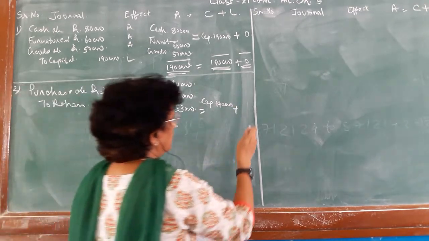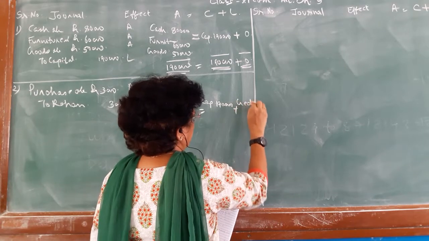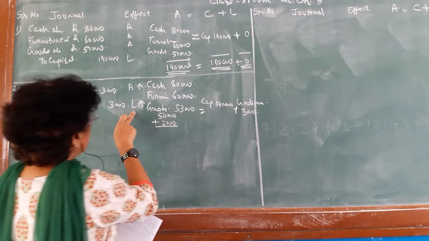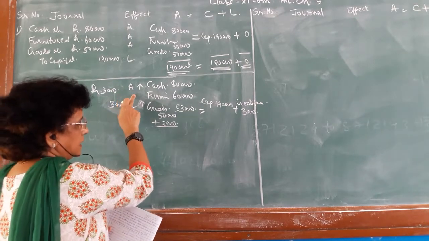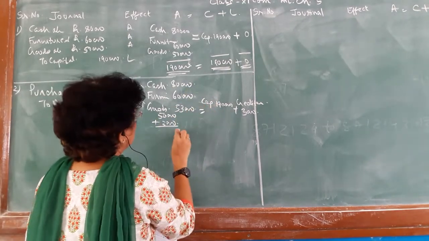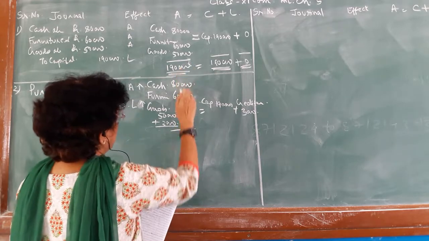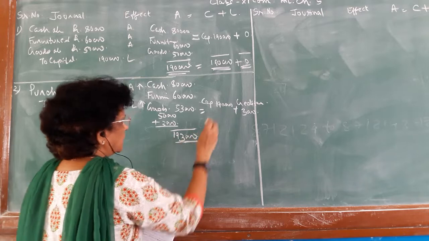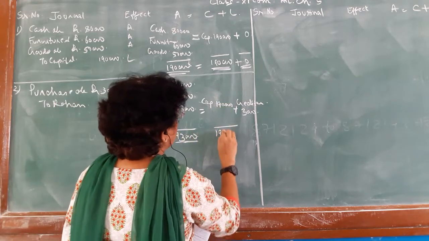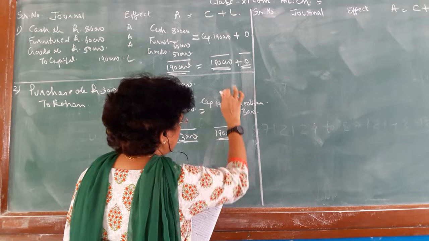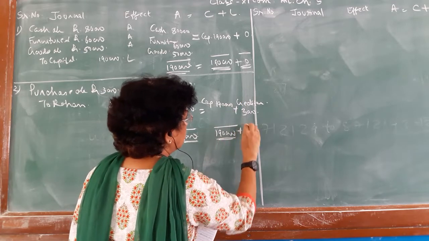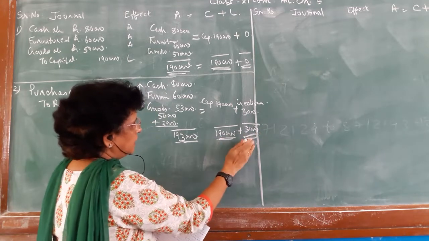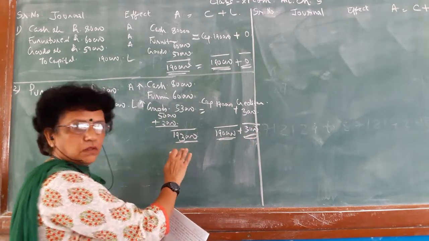So Rohan becomes your creditor of rupees 3,000. So your L increases, your A increases. Now if you do the total, 190 plus 3 is equal to 193,000. Here the total is 1,90,000 of capital plus 3,000 of liability. So 193 on this side, 193 on this side.